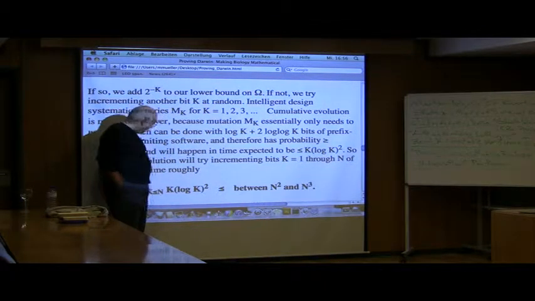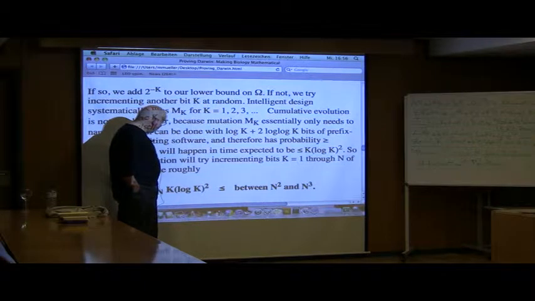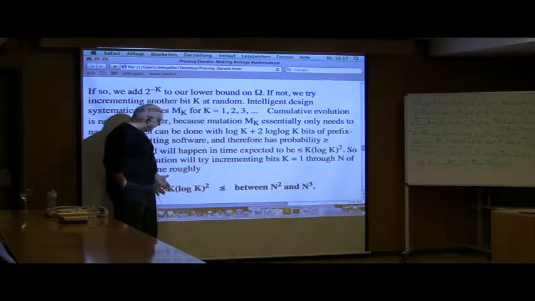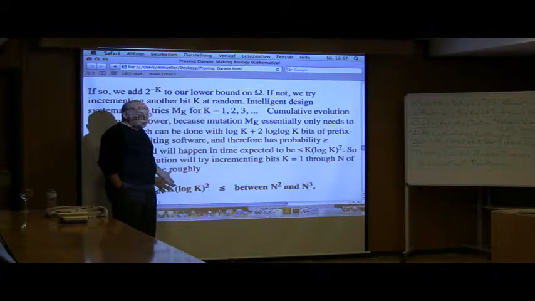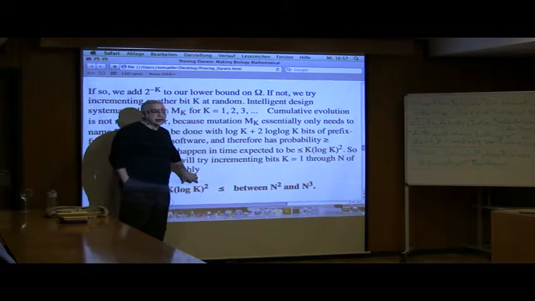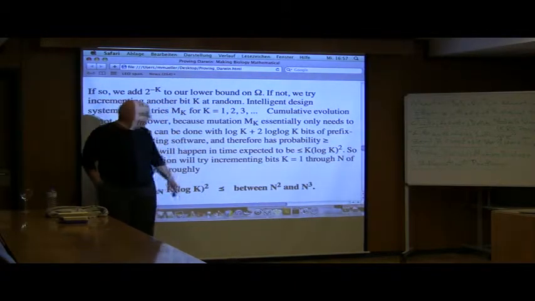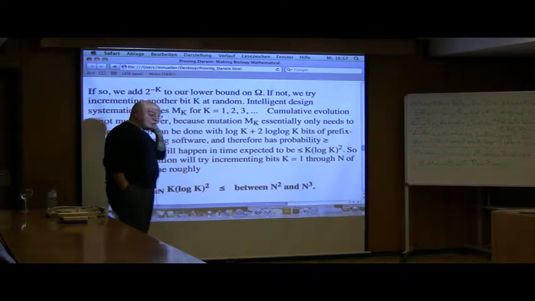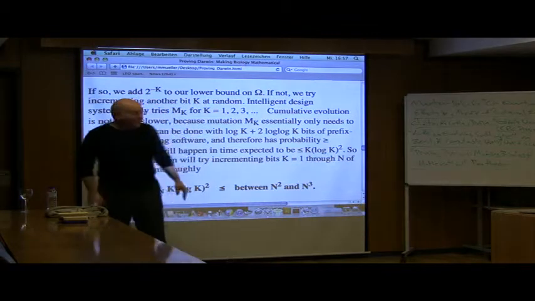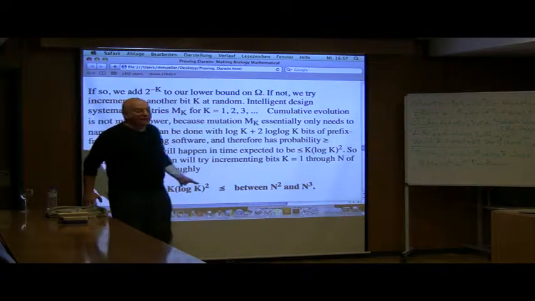If you take k equal to n, it's like the sum of k for k going from 1 to n, which we know how to do, multiplied by this term, which is essentially constant. This is high school mathematics, basically. So this is how you get the result.